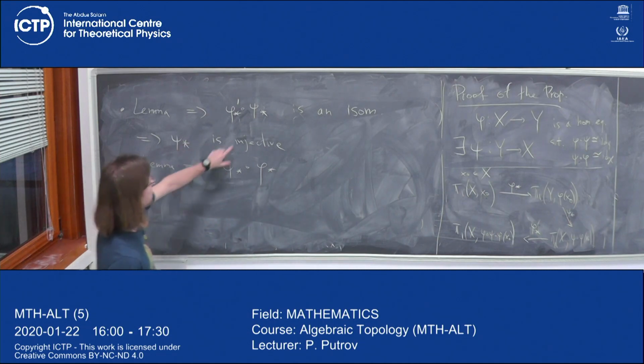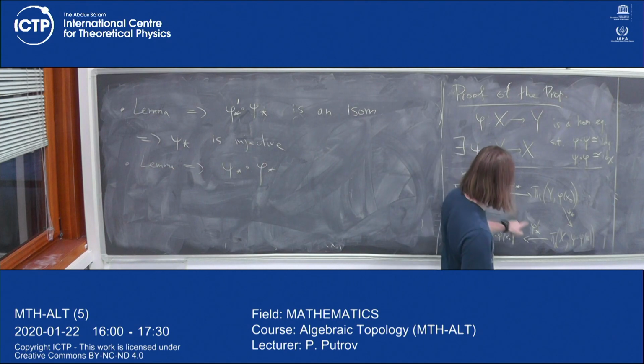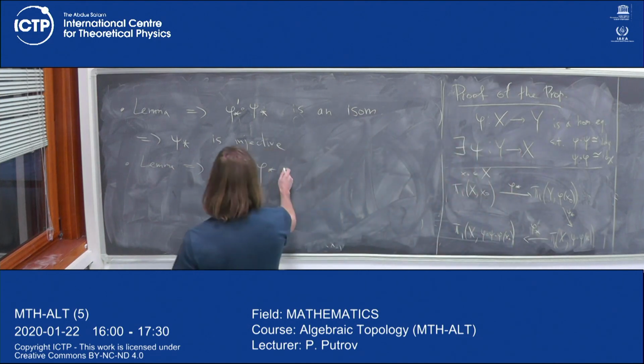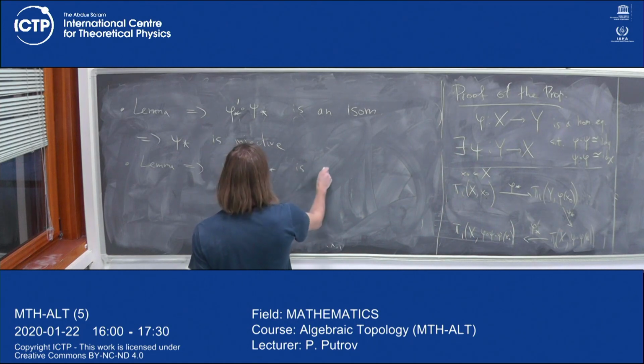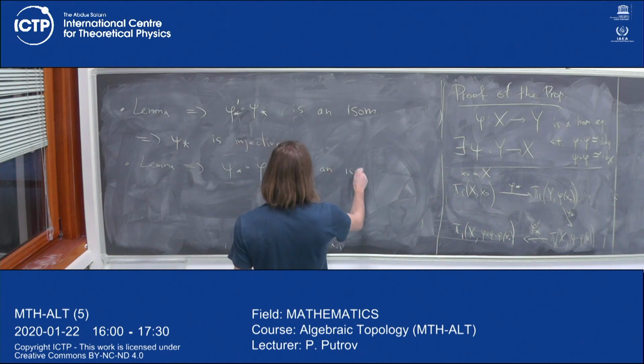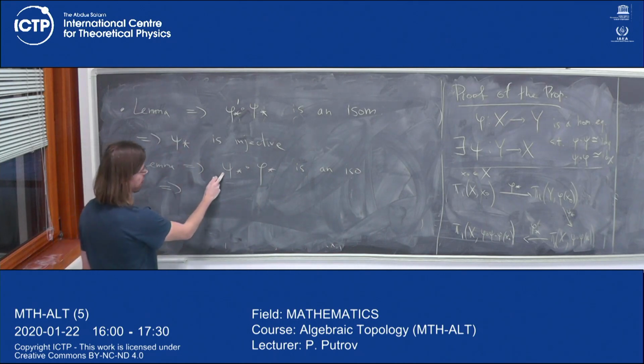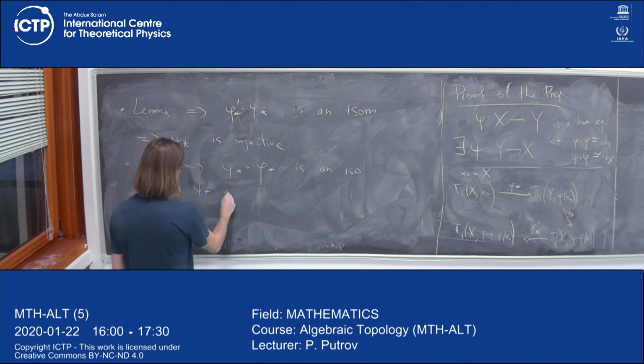But it was important that, although these push forwards are different, this is the same map. This is an isomorphism, and now from this it follows that psi star is surjective.